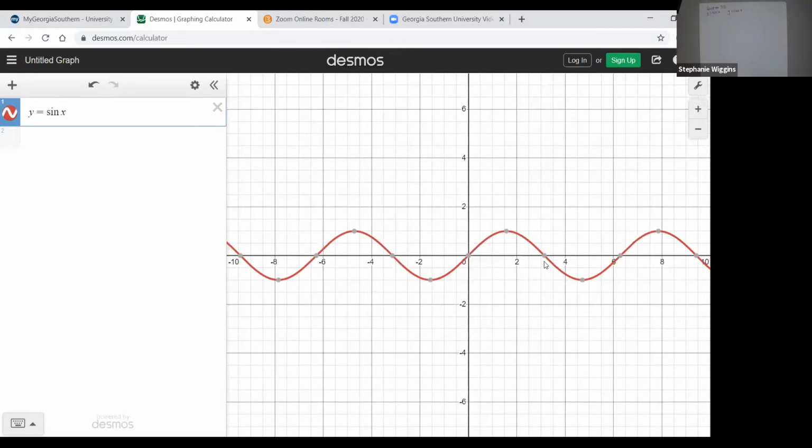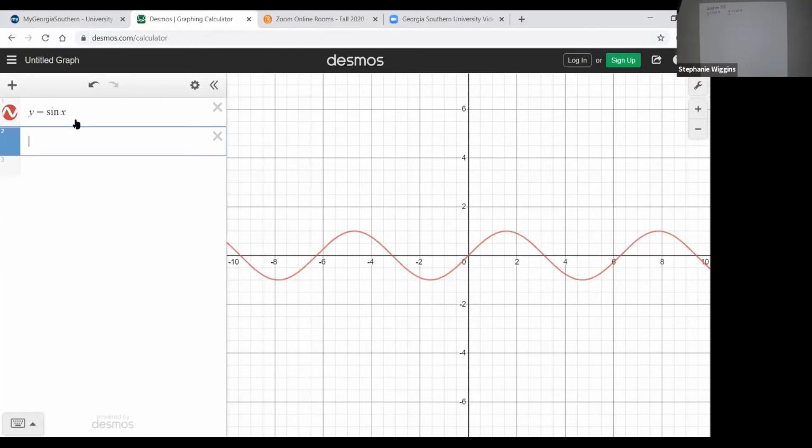So it's 2 pi. For sine, you'll see that the x value for that point is 2 pi. So that's the period. And then we can shift this around, and that would be called a phase shift, but we'll talk about that in a minute. So here's our original function.